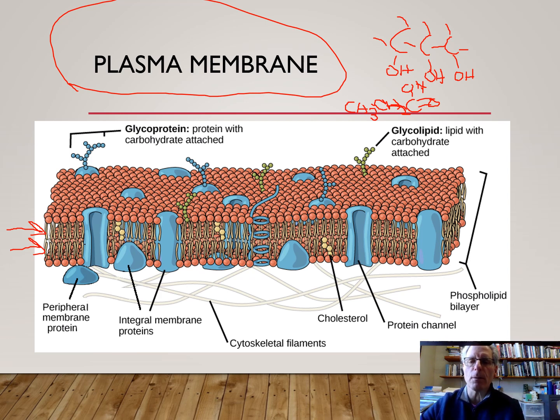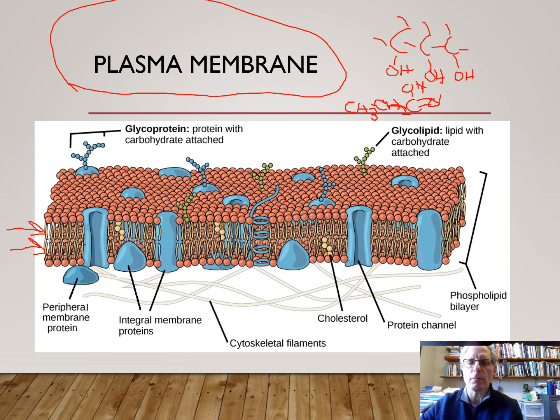So this one here with 3 carbons, that's propionic acid. These are usually 16 carbons, 14 carbons, 18 carbons, 22 carbons, something like that. They may or may not have double bonds in them.